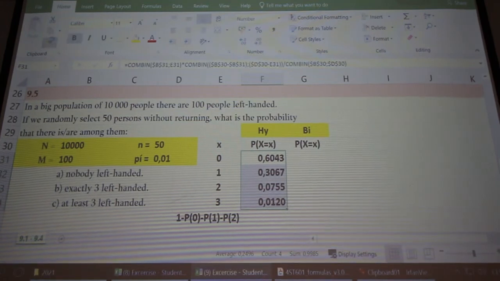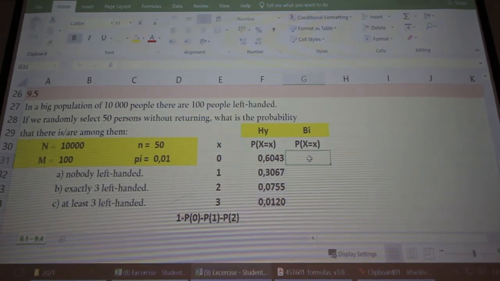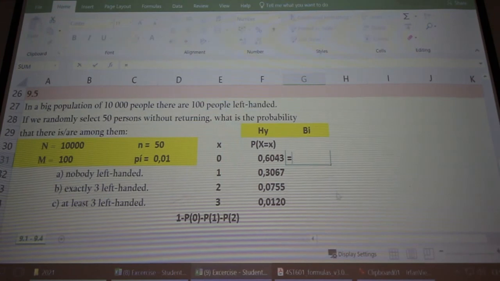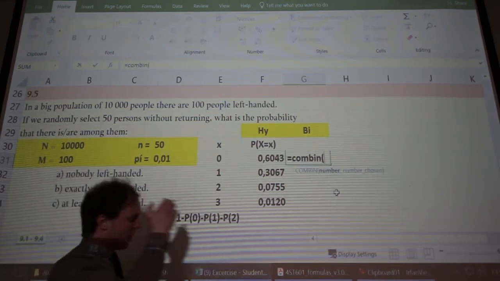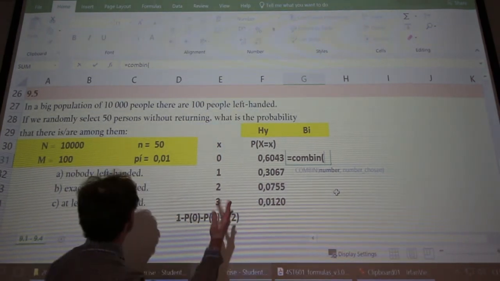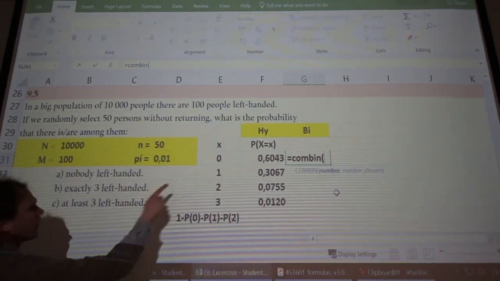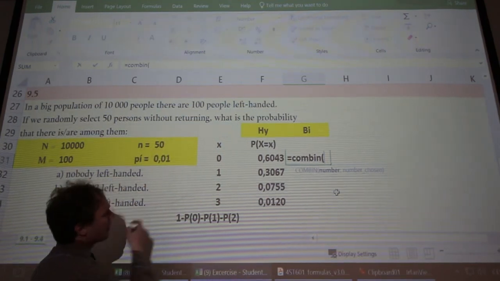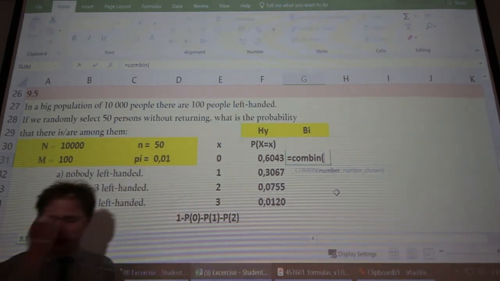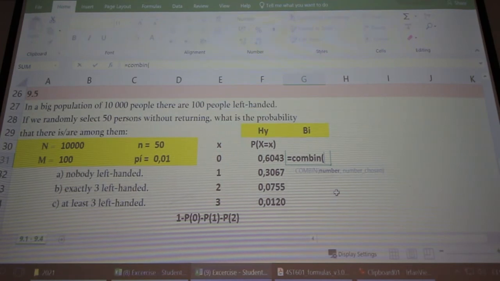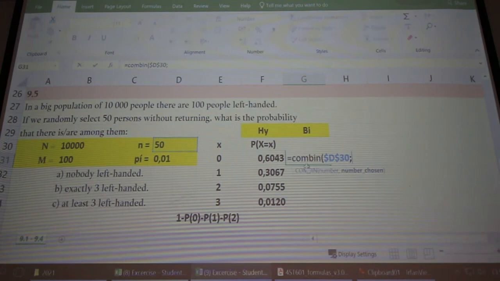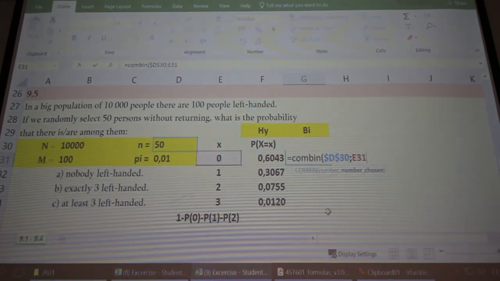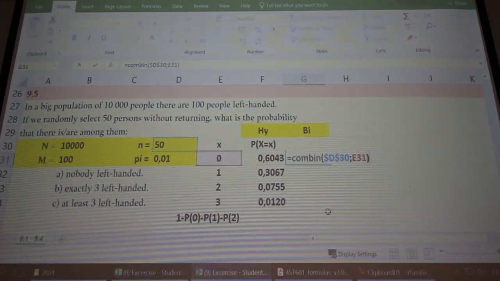I will use also this formatting, equal sign, combination number, COMBIN. And what is here in the combination number? Small n above x. N is a parameter, x is a variable. So what will be fixed by function F4? N will be fixed by F4, above x. X is a variable. So this is the combination number, times.